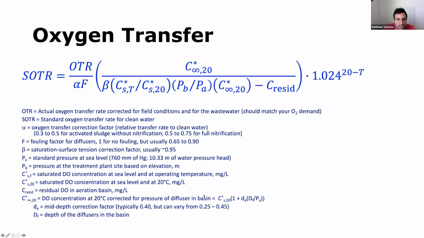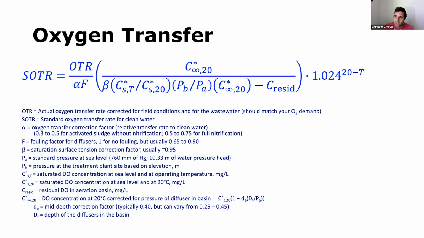So what is this term accounting for? Basically, we've got our pressure, which is affecting oxygen transfer, right? And again, we talked about how you have a different air pressure at sea level than you do up in the mountains. So you need to correct for that factor. However, this is also correcting for the pressure that's experienced at the depth where your aerators are placed.